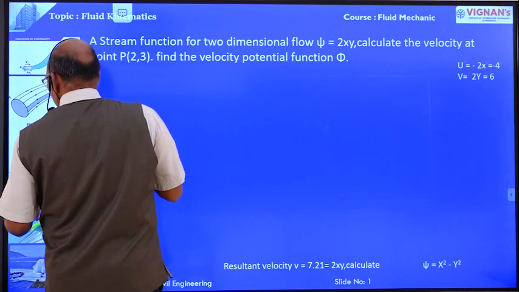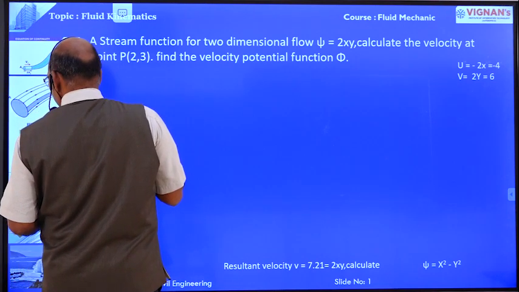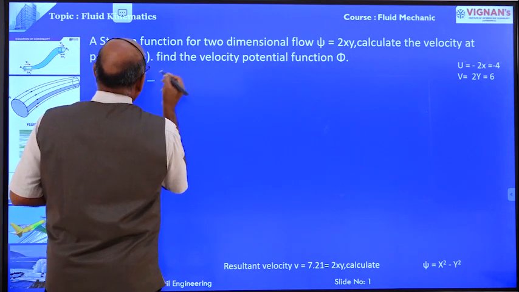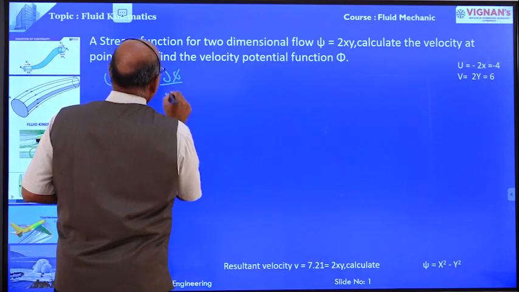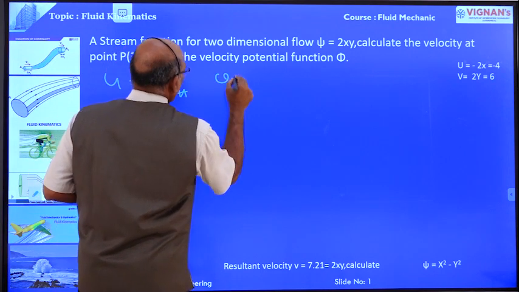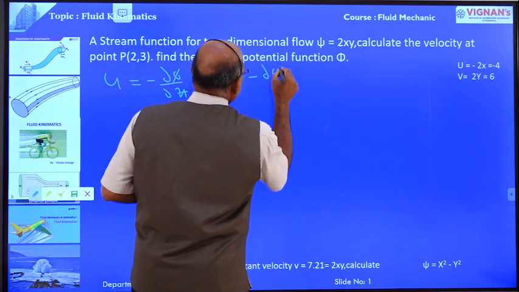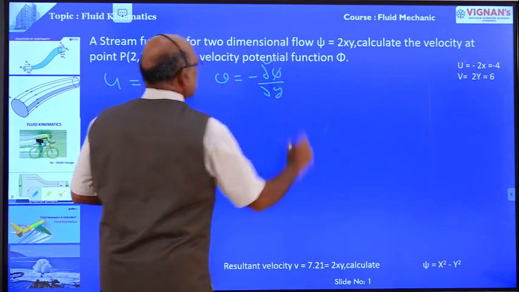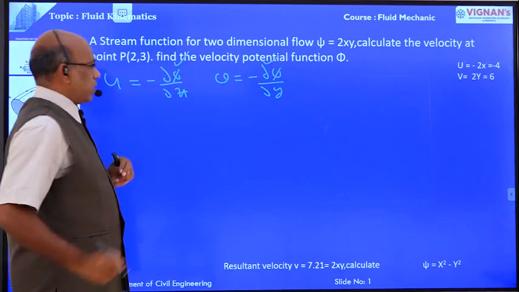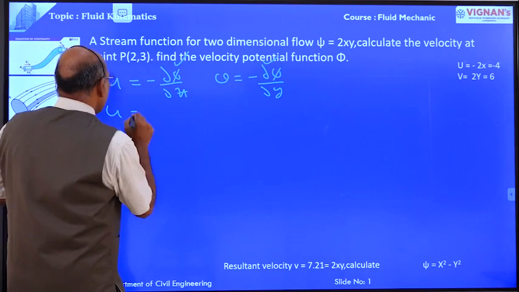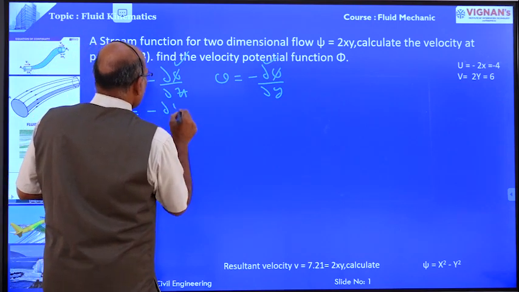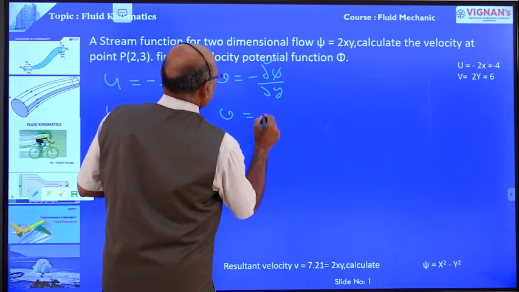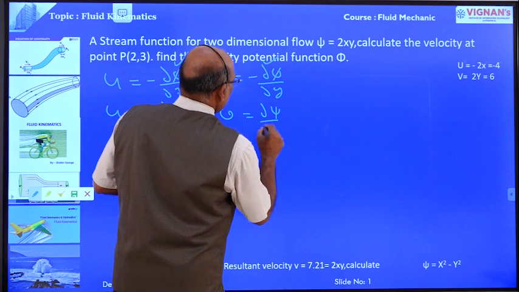u is equal to minus dou phi by dou x, and v is equal to minus dou phi by dou y. This is based on the velocity potential function definition. And u is equal to minus dou psi by dou y, and v is equal to dou psi by dou x.